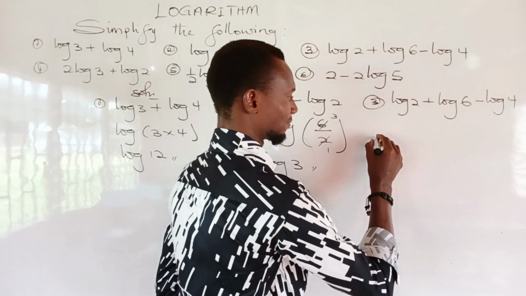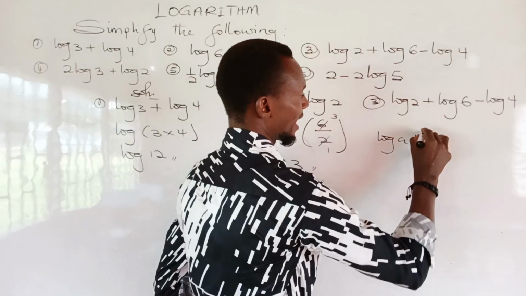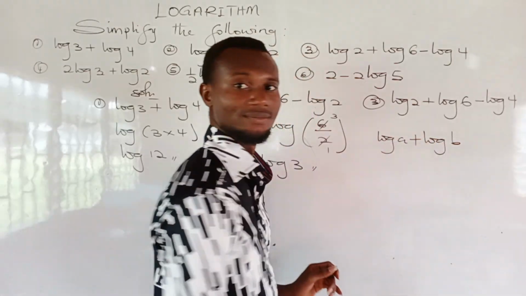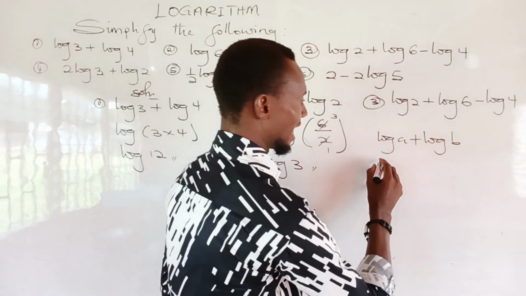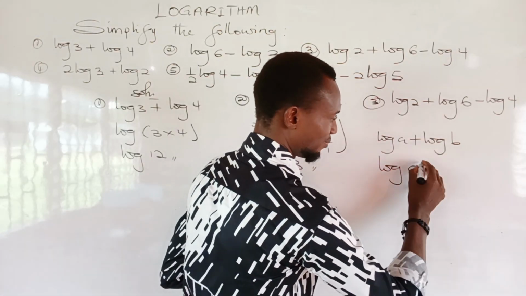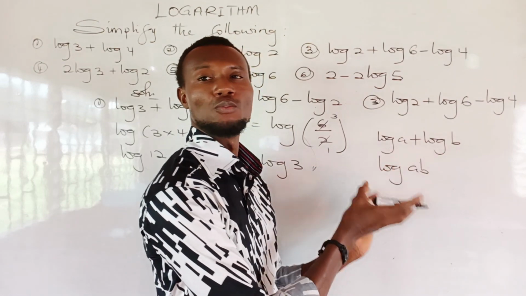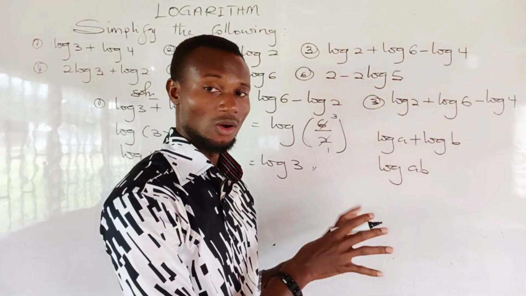So when I have log A plus log B, it can be written as log A times B, which will be log AB. So that is the product rule of log.